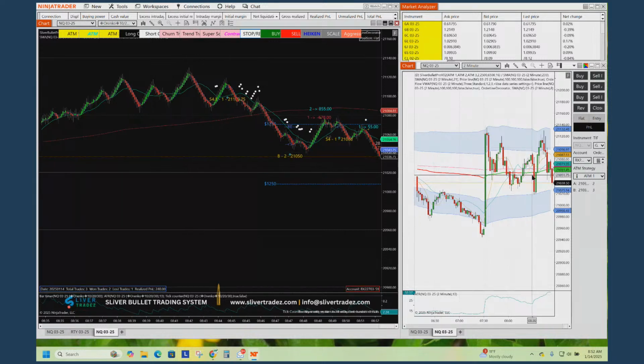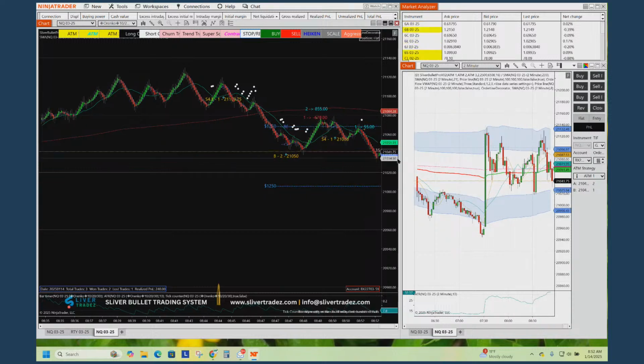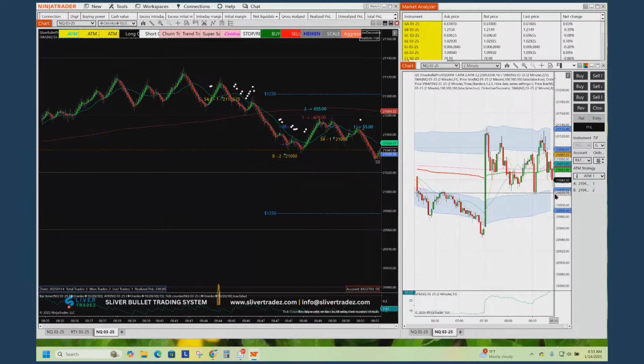Now the market is coming down, and hopefully it grabs some liquidity from here. So if it does, I could use a contrarian churn trade. No, it did not go down this far.